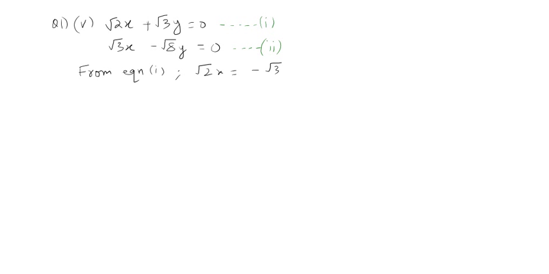Everything shifted here because there is a 0. If you write 0 here, or if you don't, it's the same thing. Now from here I can find the value of x. x is minus under root 3y upon root 2. This is our third equation.